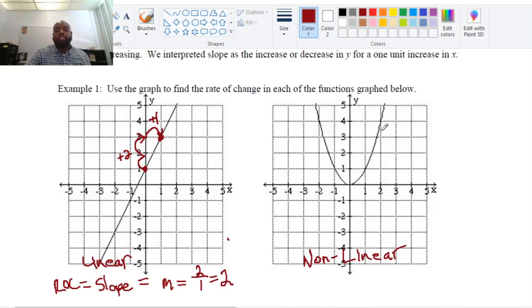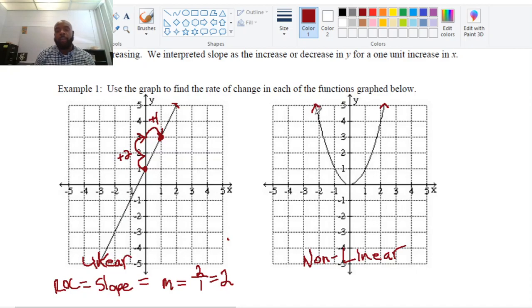Now we have to think about the rate of change for this nonlinear function. This is a parabola. By the way, these graphs should have arrows to denote that they continue forever. Sorry about that. However, this is a nonlinear function. If I want to find my rate of change, it's going to depend on where I'm at on the function.